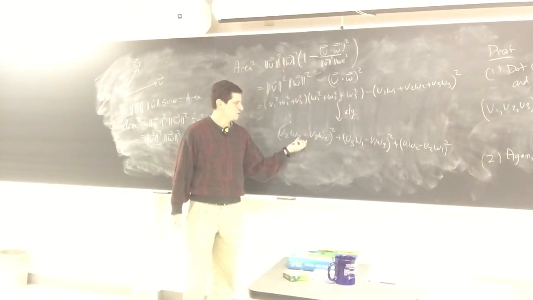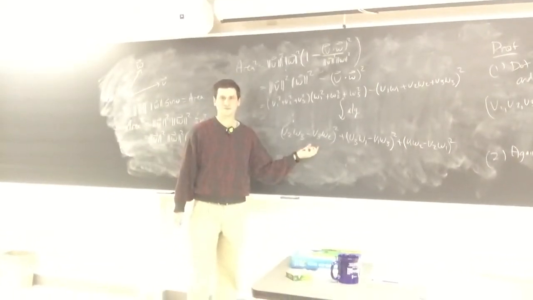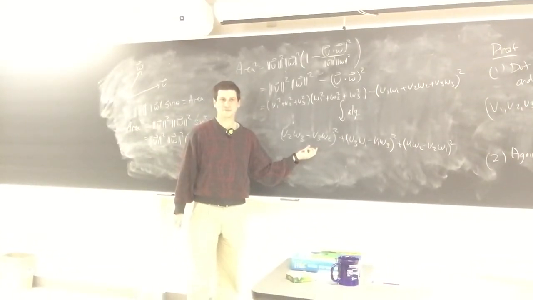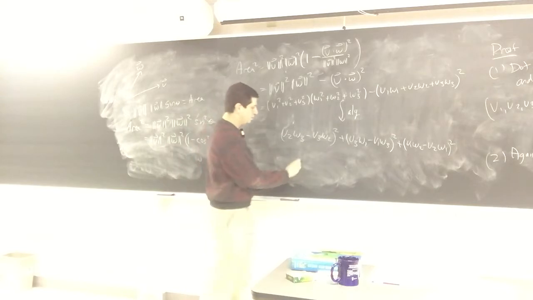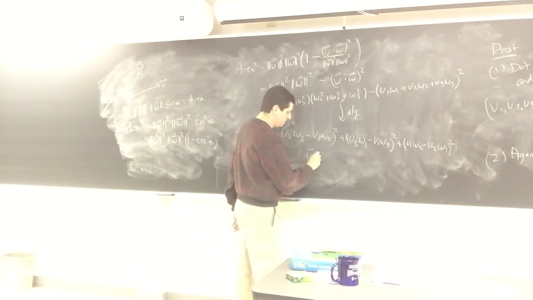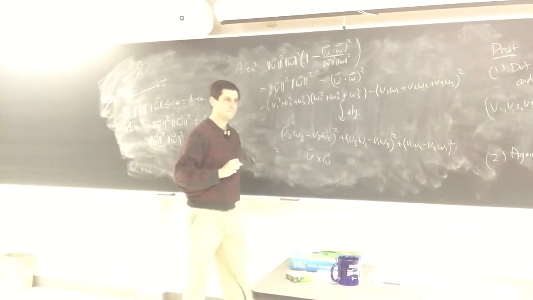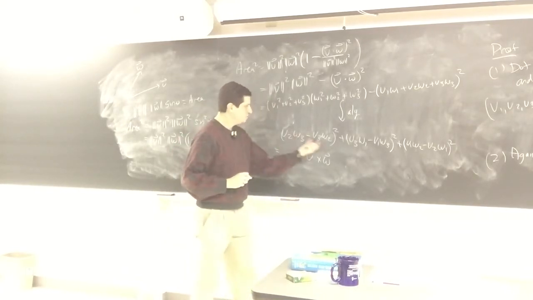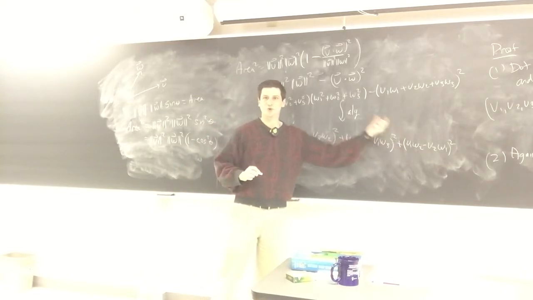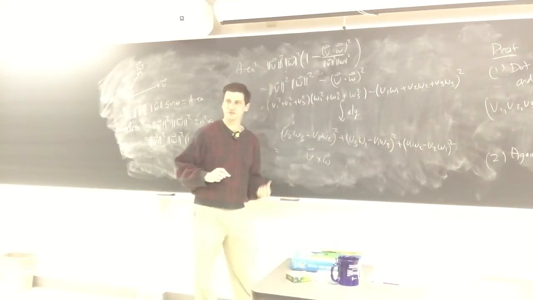Anybody recognize what this quantity is here? Close. It's related to the cross product, so it's v cross w. What's its relation to V cross W? So these are the components squared of V cross W. What's the sum of the squares of the components?